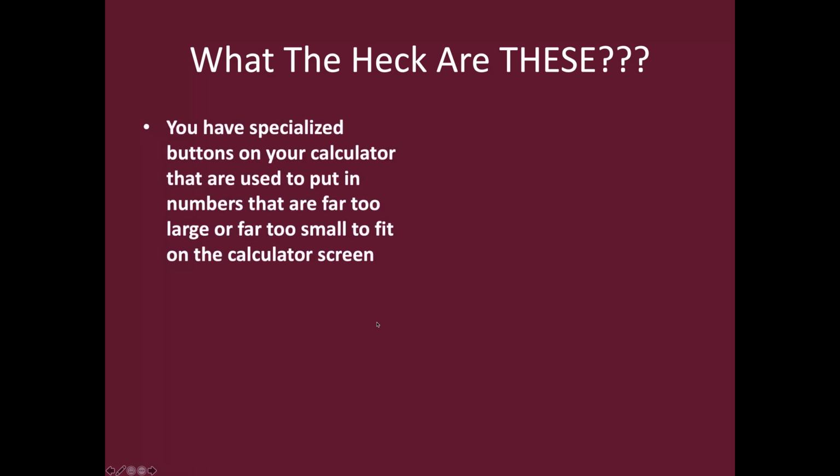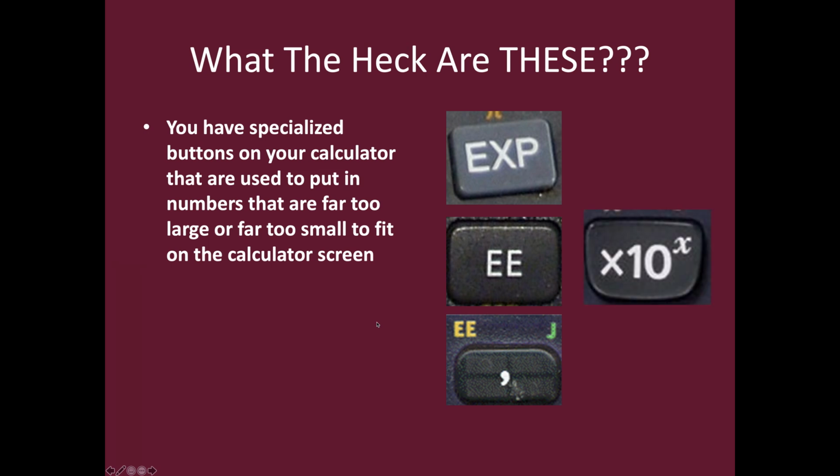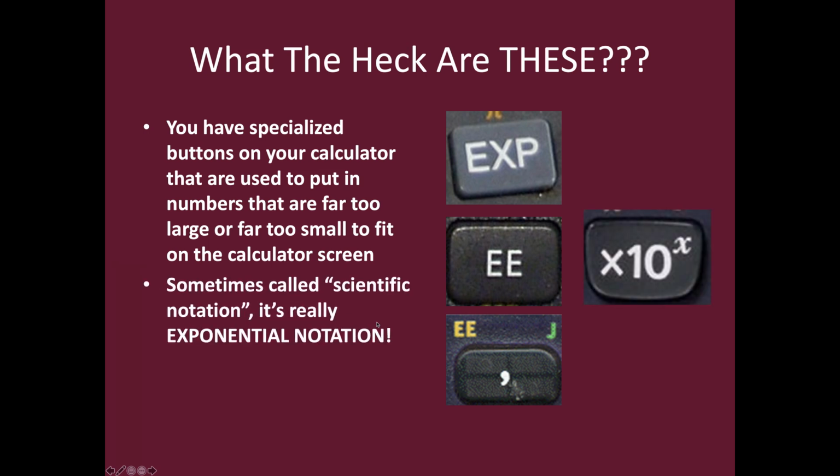Now, if you take a look on your calculator, you'll notice that you might have one of these buttons, a button that says EXP, EE, EE as a secondary function, or times 10 to the X. Now, these are exponential notation buttons. EXP, you put your coefficient in, then you hit this button, then you put in your exponent because EXP stands for exponent.